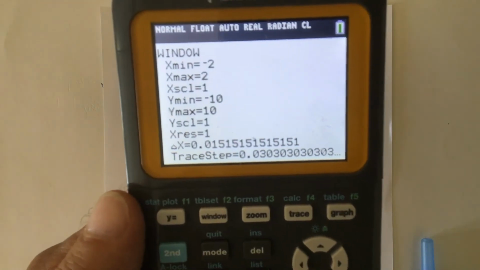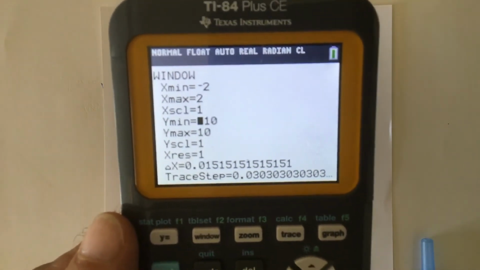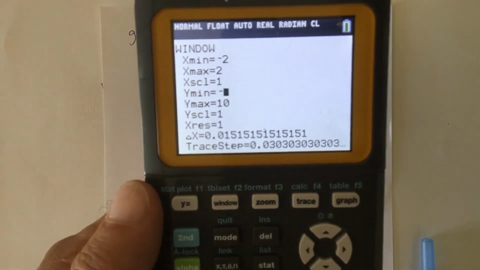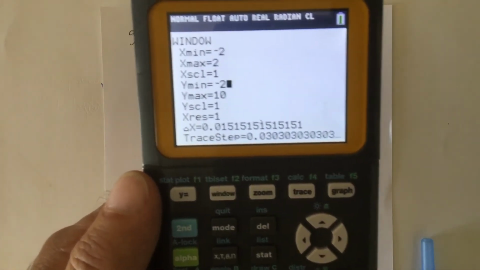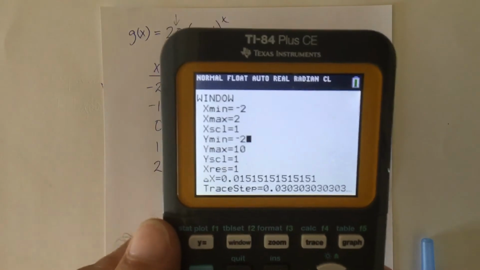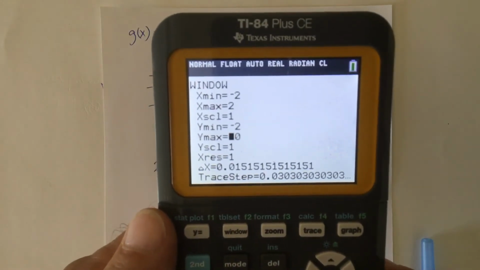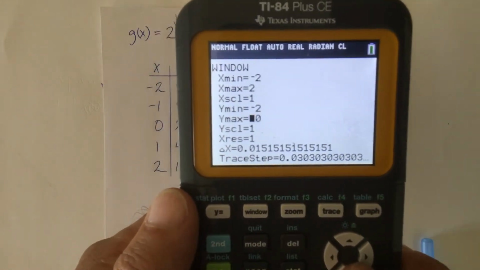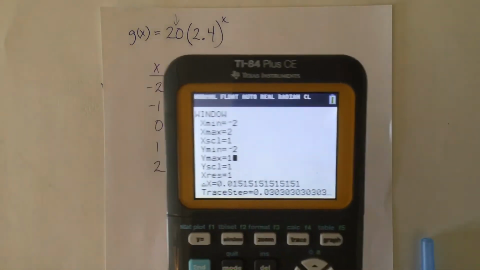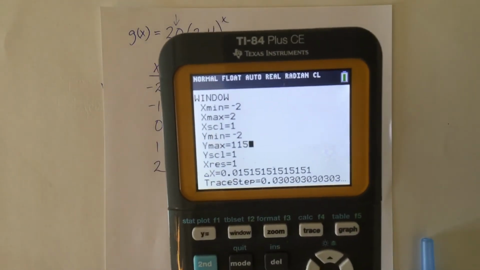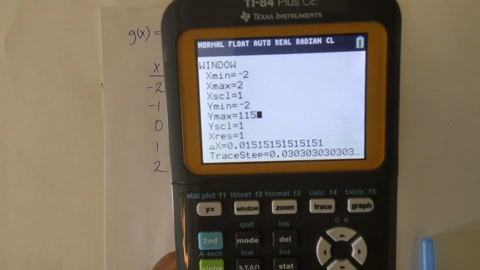But look, do we even need anything in the bottom? We have nothing below the x-axis. So I'm just going to say y min. You know what? I'm going to say -2, just so you can see a little sliver of light there. But here's the deal. My maximum value that I got out when I plugged stuff in was 115. So let's make this 115 y max. And you go, what?